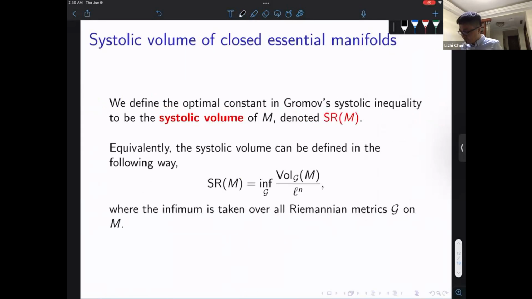Then from the systolic inequality, I will introduce the definition of systolic volume. This is a topological invariant from the asymptotic geometry. The systolic volume is defined to be the optimal constant in Gromov's systolic inequality.